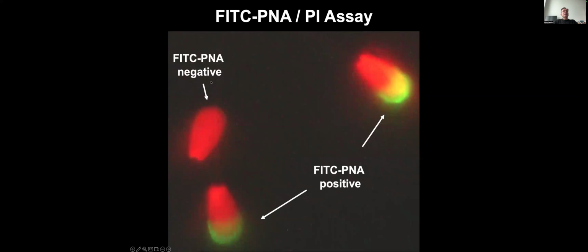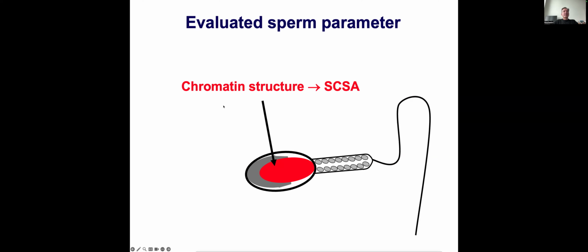Here this sperm cell does not show a green fluorescence. It could be that there is no acrosome, or there is no binding because there is no damage of the plasma membrane. A very important parameter is the examination of the chromatin structure. We are using here the sperm chromatin structure assay.